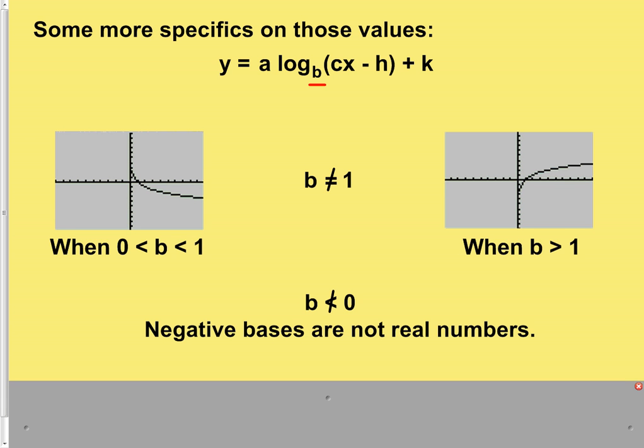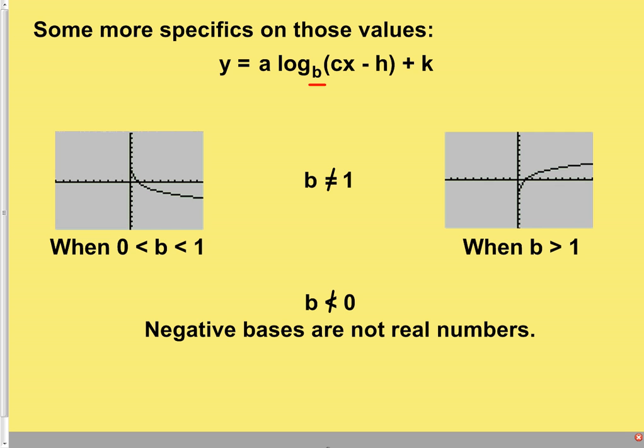Okay, we looked at B just very briefly. You can see that if B is a value between 0 and 1, then the graph is upside down. That has the same effect as changing the A's sign. So watch out for that. That is a different way to turn the graph upside down.